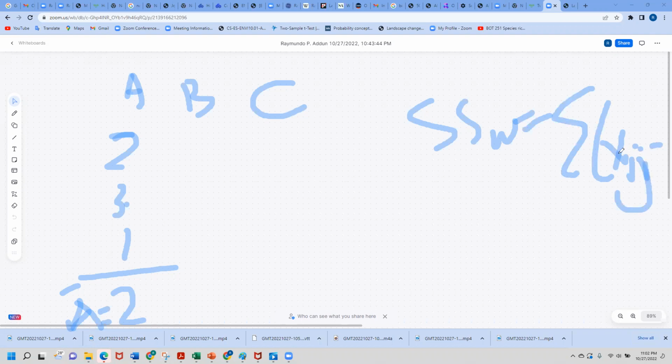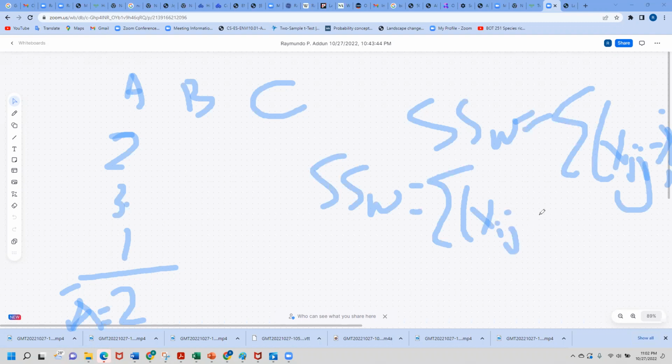So what it says for the sum of squares within is the sum of the quantity xij minus xj, xj being the mean of the jth group.